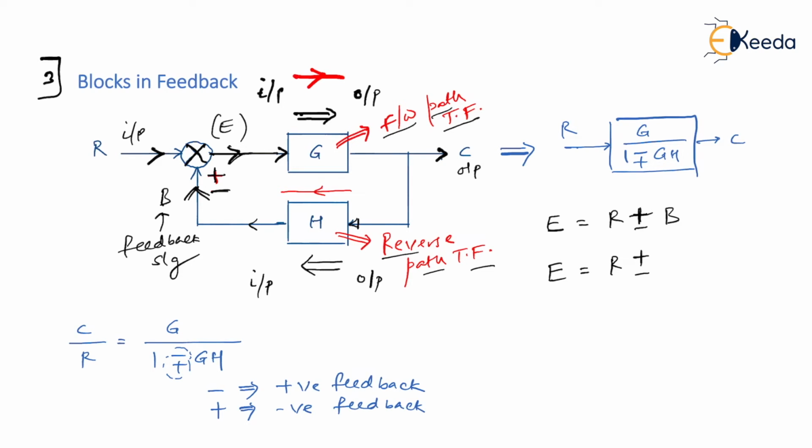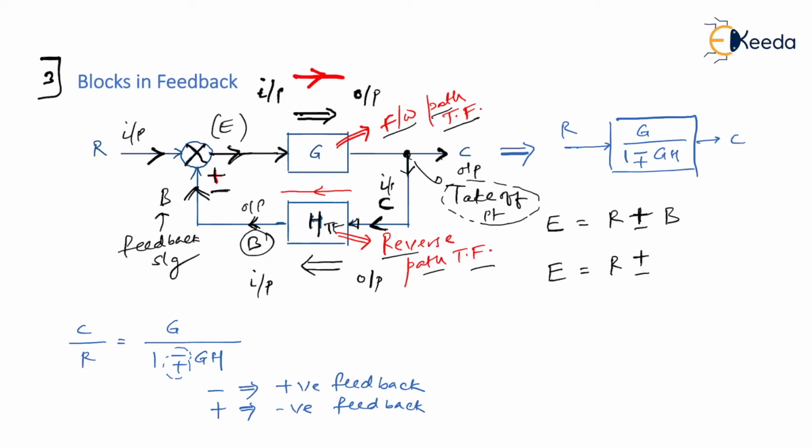Now look at B. Can I say B is the output of this H block, and the input of this H block is nothing but C, because this is what we call a takeoff point. Generally, takeoff points are used for taking feedback from the output. Since the input of this H block is C and the output of this H block is B, can you now relate between input, transfer function and output?